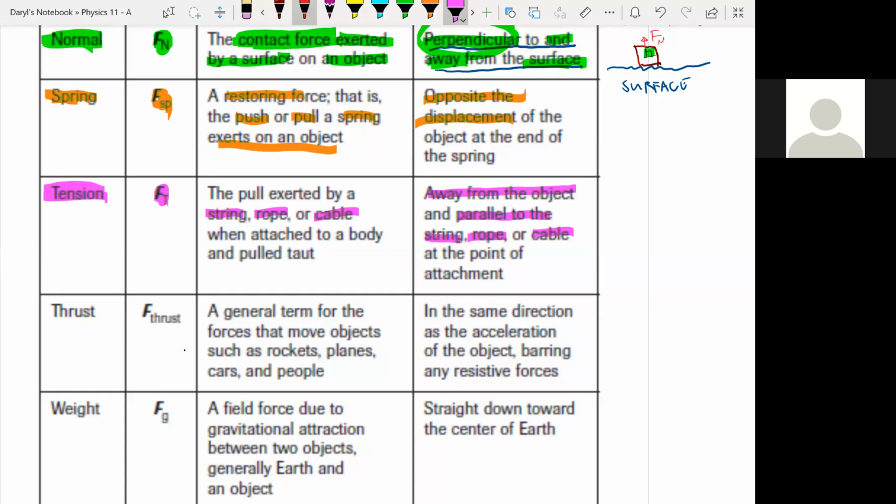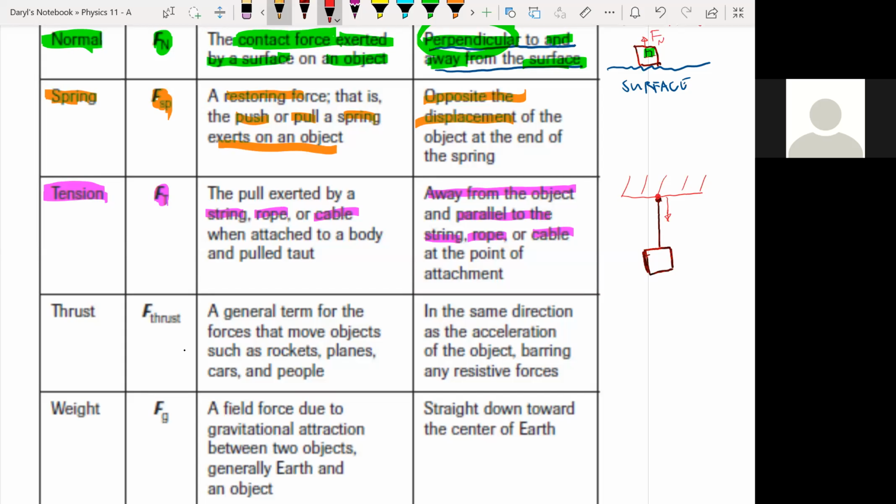So usually, let's say I have an object, and then I have the string downward. Then let's say, for example, I have an object being attached here. If I look at here, there's a tension from there going downward. Again, the point of attachment is this one here.